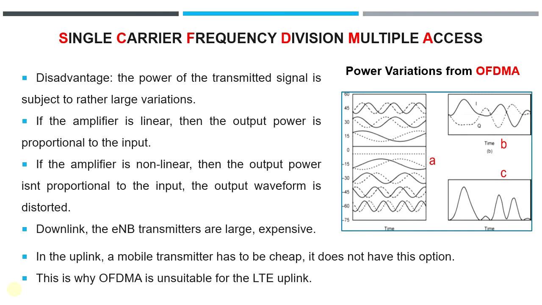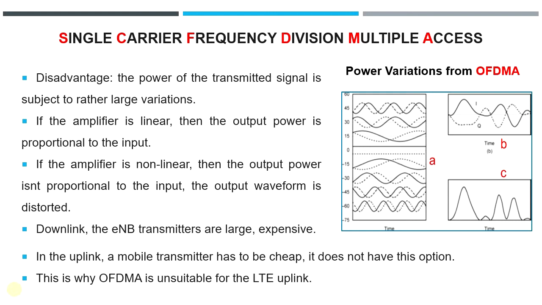In turn, these variations are reflected in the power of the transmitted signal, as you can see in this other figure. These power variations can cause problems for the transmitter's power amplifier.